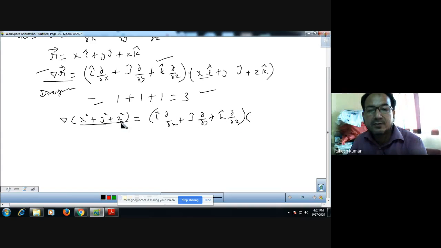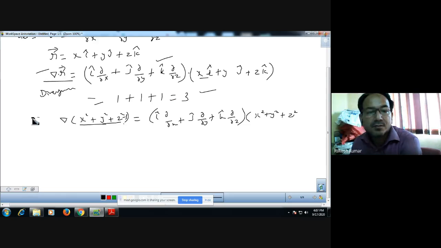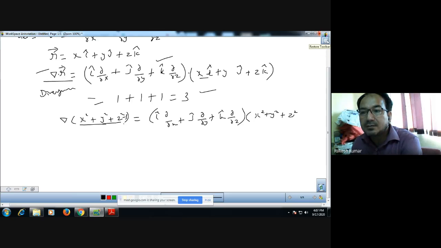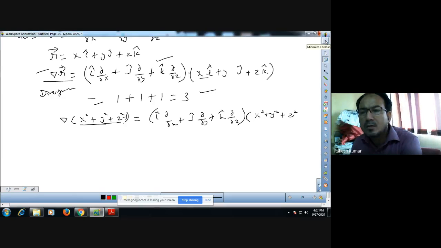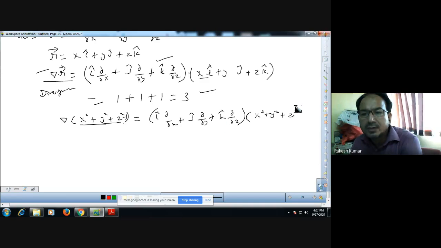And you know what this is? This is the equation of a sphere. Suppose you use minus 3 also. If we are using the minus 3 here, then what does it mean?